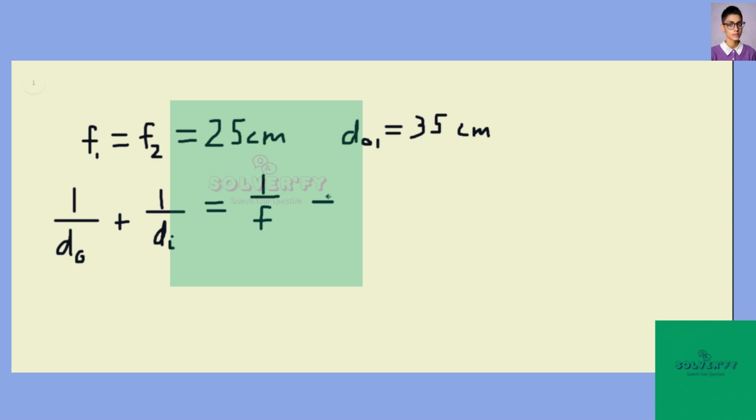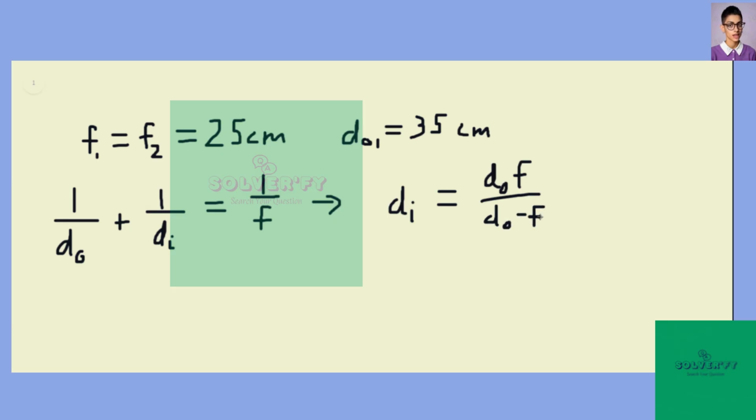Therefore, in general, the distance to the image is equal to the distance to the object times the focal length divided by the distance to the object minus the focal length.